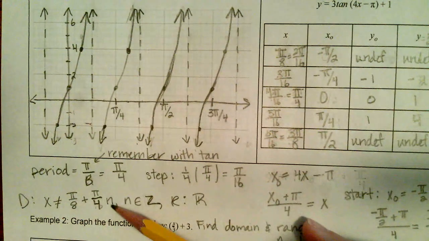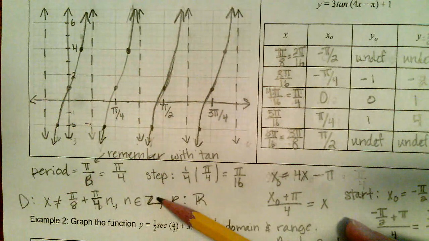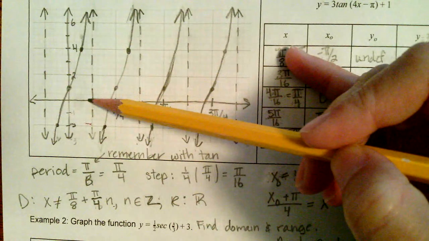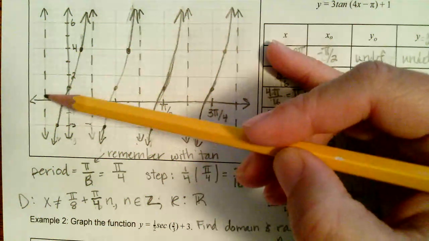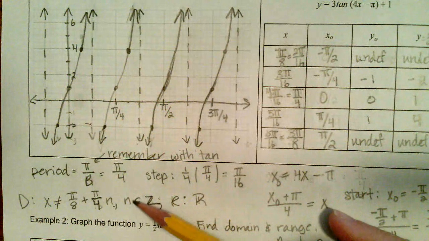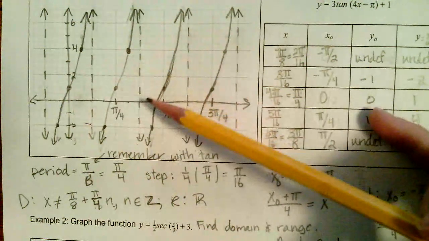So that's why I want to multiply it by n, where n is an integer. I discussed this in my notes earlier in another section. Also, if I let n be negative 1, I would end up at this asymptote. So that's why it's an integer. It can be positive or negative values. There are many ways you can write this.